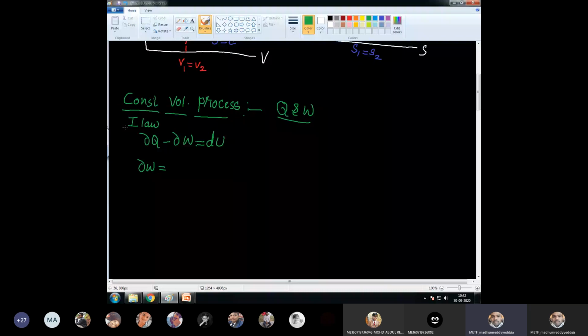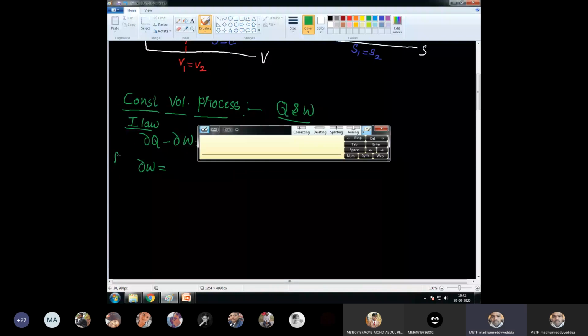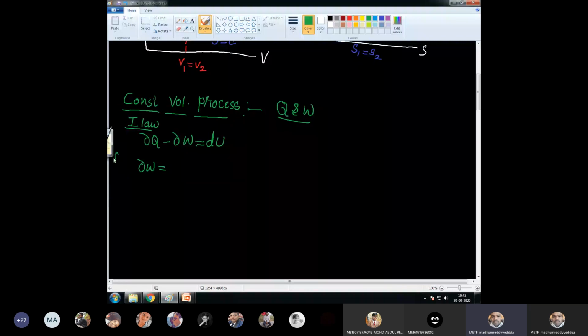Again, for a non-flow process, because it is a closed system, what is dou W? How to calculate dou W? Displacement work I'm asking.